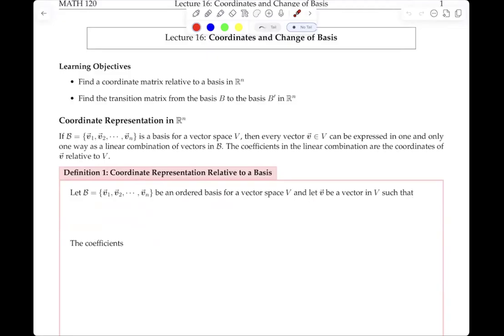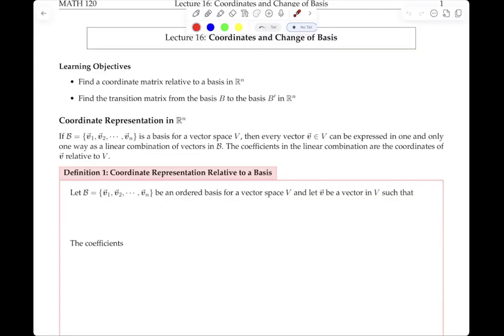So we have one theorem: if you have a set B that is a collection of n vectors and it's a basis for a vector space V, and then in that vector space you take out one vector, called vector V, then vector V can be expressed as a linear combination of all the vectors in B, and this linear combination is unique.